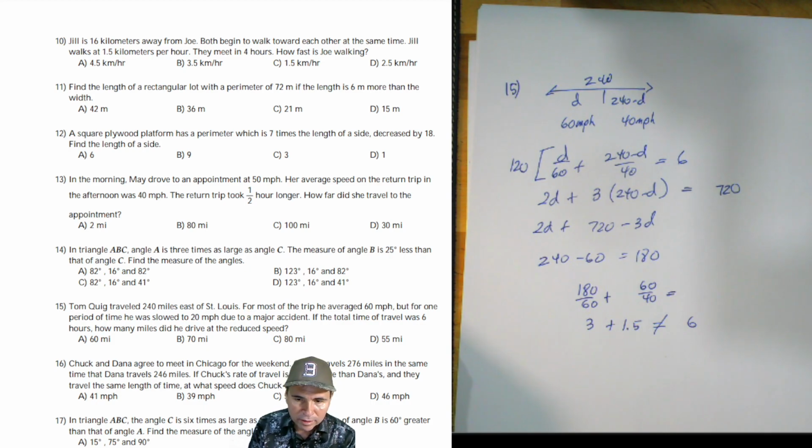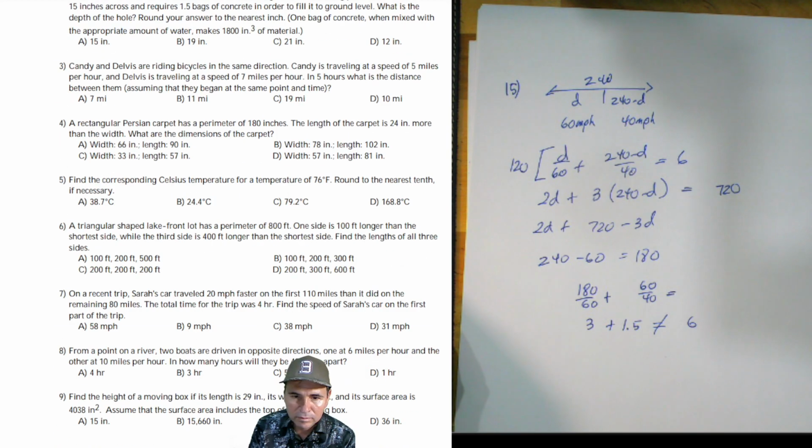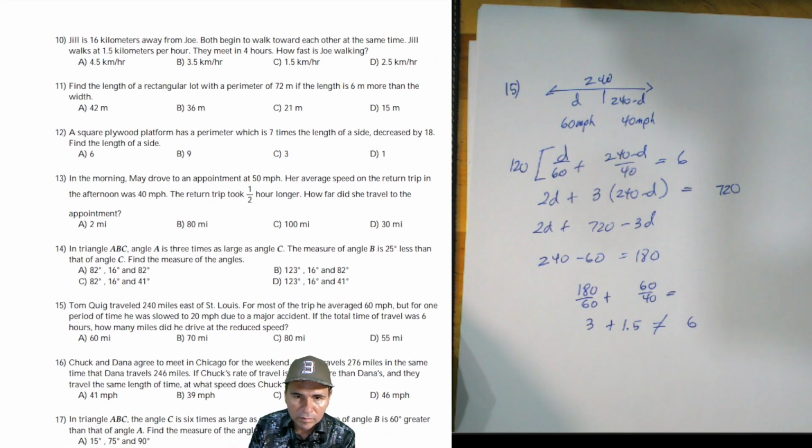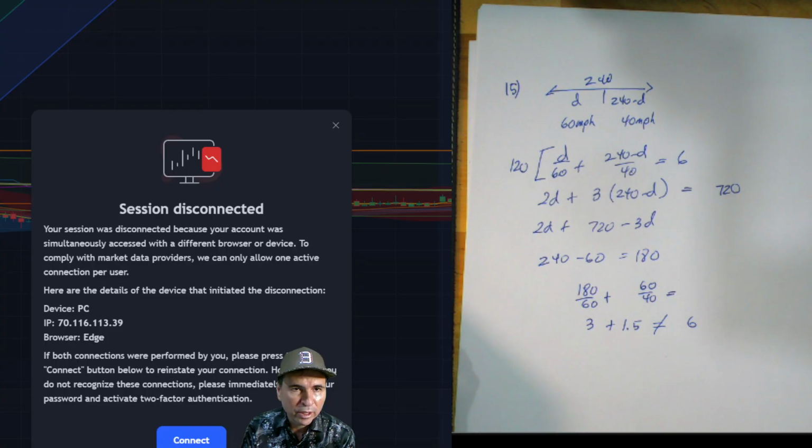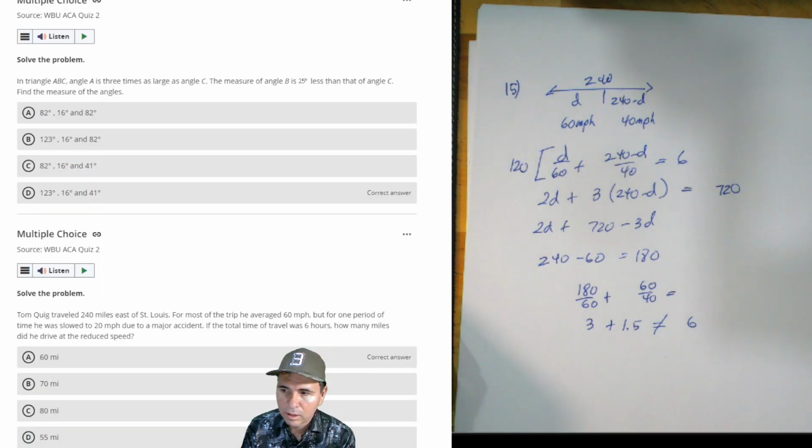Question 16, Chuck and Dana. Let's bring it up a little bit. Oh, is there only 18 questions, or what's going on here? I'm not even sure. Let me check. Is there 16 questions?